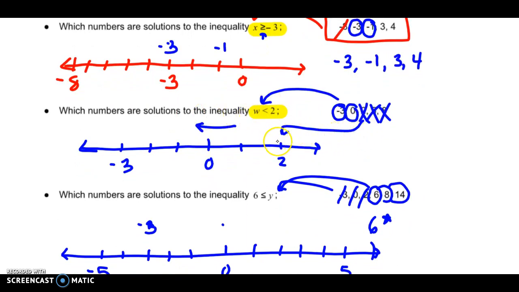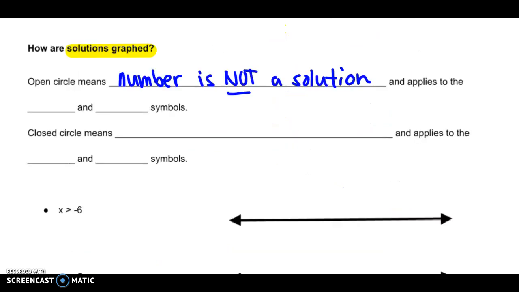When we tried to plug in 2, the actual number that we were using in the inequality, the statement wasn't true. It doesn't include itself. However, it does include numbers right up to it. So we could plug in like 1.9, and that would be less than 2. So we use an open circle when we see symbols like less than or greater than, because it doesn't include the physical number in the inequality.